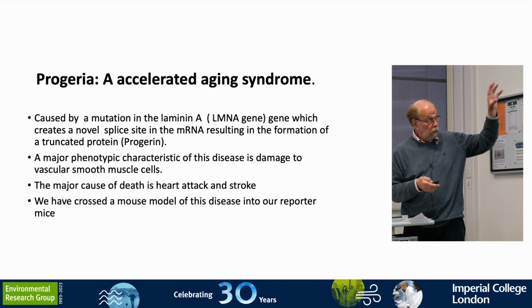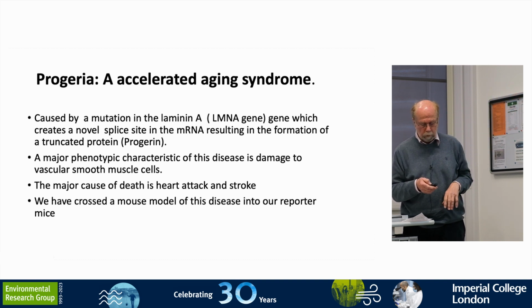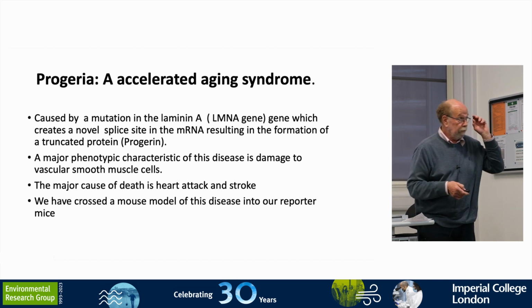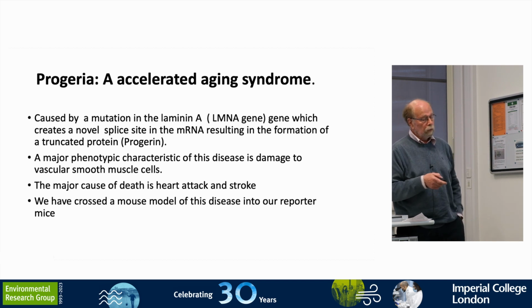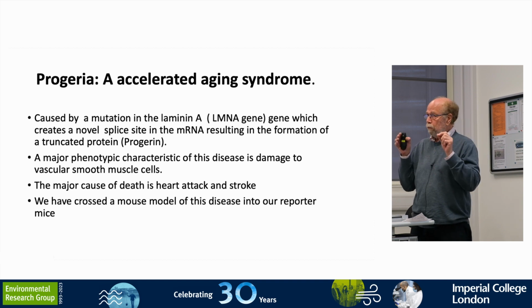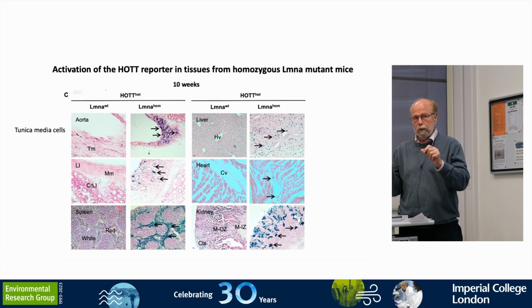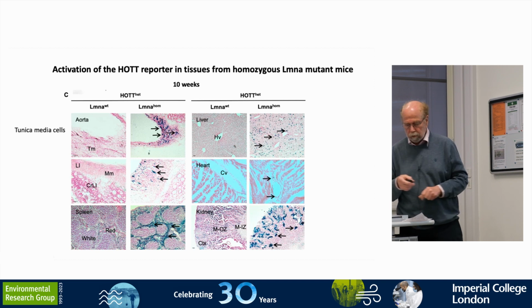So we crossed a mouse model susceptible to progeria to our stress response models. And this is work done by Fran, which has been published. Progeria is associated with stress and degeneration of vascular smooth muscle cells.